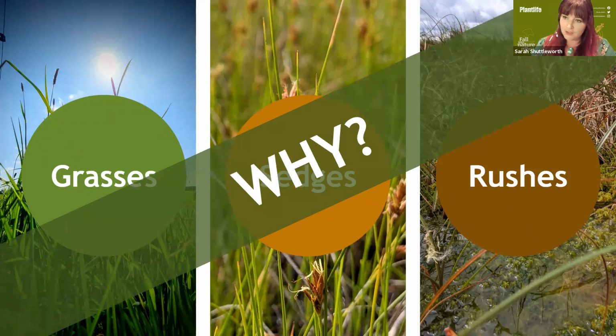Why should we learn about these? Why should we learn to tell the difference between these groups? If you think about it, in order to start to understand grasses, sedges, or rushes individually as a group, you actually need to know what separates them, which is which, before you can actually learn each group individually. Being able to tell when you're looking at one and not the other, for example.